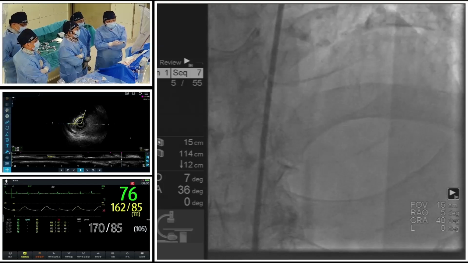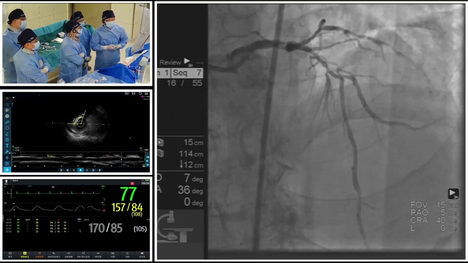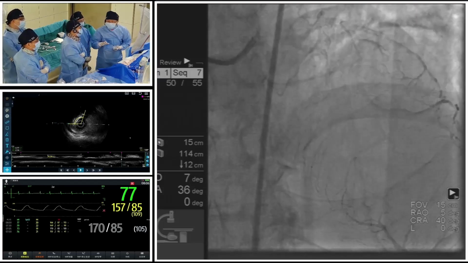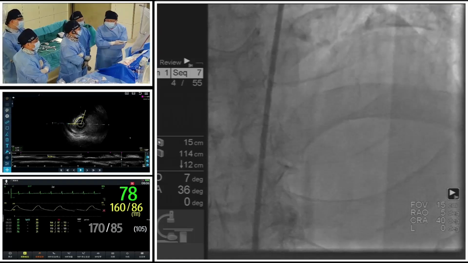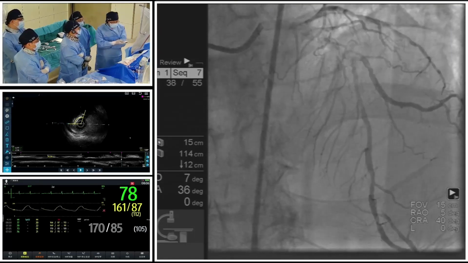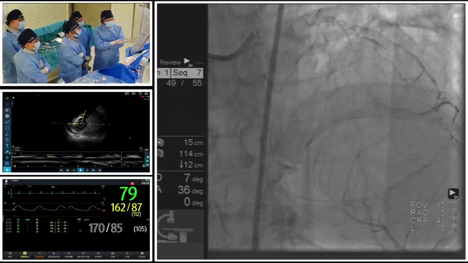Because we already know from the CT 3D reconstruction that there is a calcified lesion at the ostium of the distal left main, and the ostium of the circ is relatively normal, so we prefer to choose a one-stent strategy.